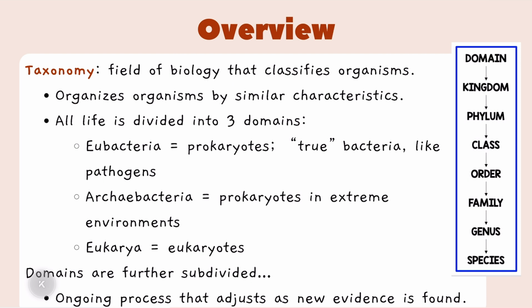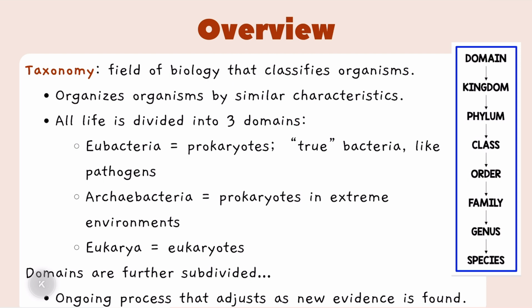And then you have eukarya, which is eukaryotes. So most of everything that you consider living that comes to your mind when you think about organisms probably falls under eukarya. And then the domains are further subdivided. So domain, then it's split up into kingdoms. Kingdoms are then split up into phylum.